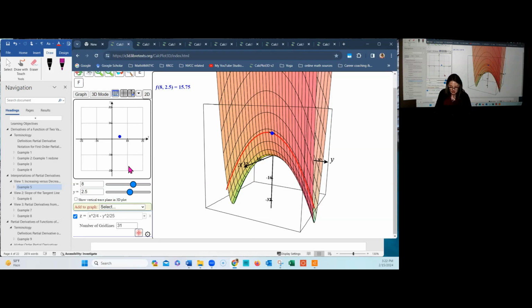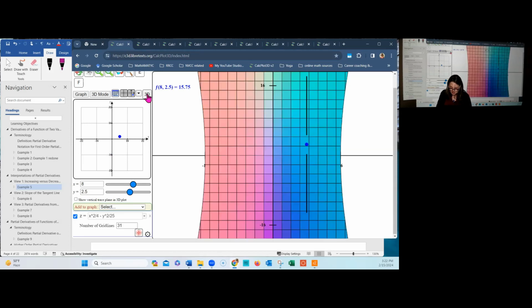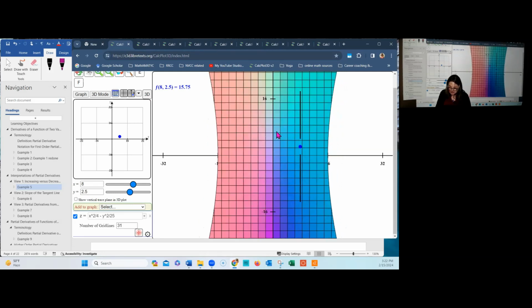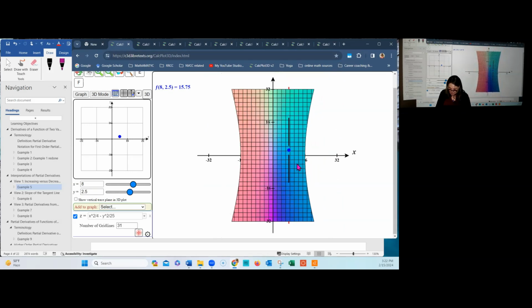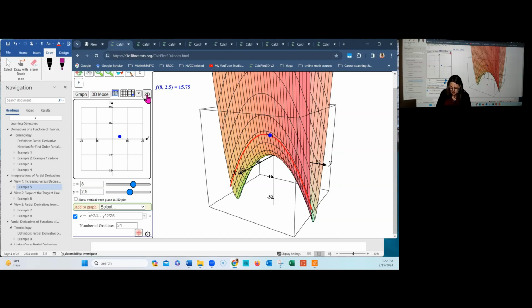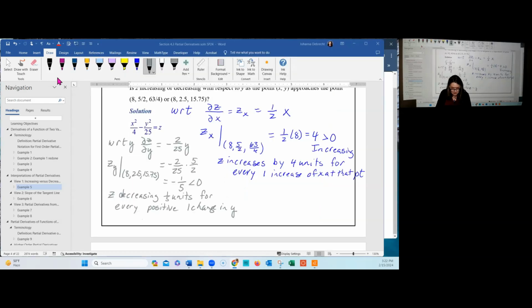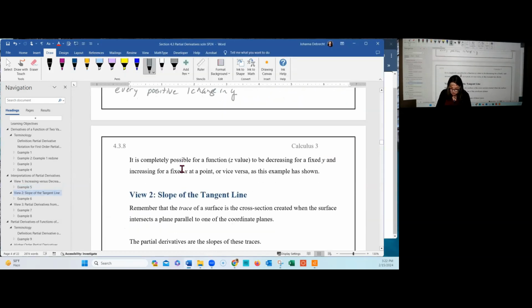You can see that by clicking on the 2D menu, and you can see here that the tangent line is parallel to the y-axis. And if you use your mouse scroll bar, you can barely see the red poking out of the end, which of course is the function which represents the partial derivative with respect to y. And again, you can see how it changes at different values of x and y if you want to move it that way. Let's now go ahead and take a look at another interpretation.